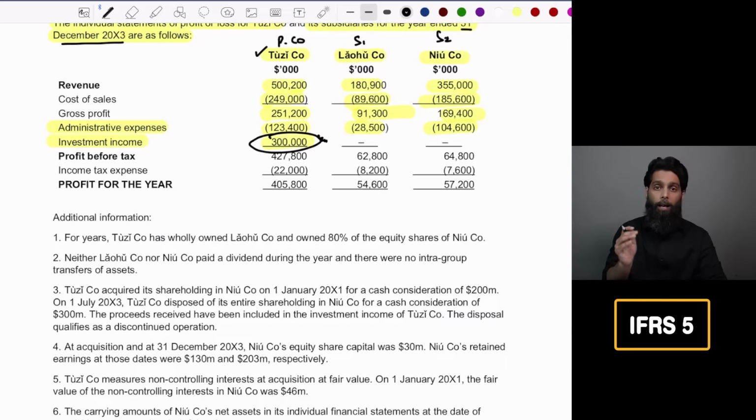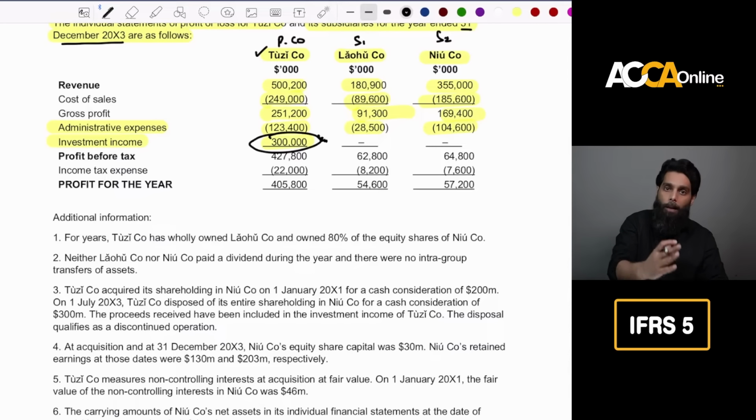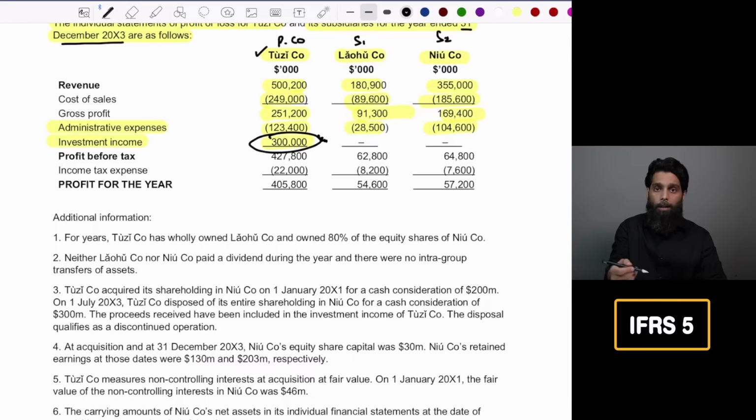We need to identify what exactly this investment income relates to. Because there can be a circumstance where this investment income relates to, for example, any dividend which has been provided by the subsidiary. In that case, it would be exposed to elimination of like items, and therefore this investment income might get cancelled off. So again, what I'm trying to say is you need to focus on what this investment income actually is while we read the notes.